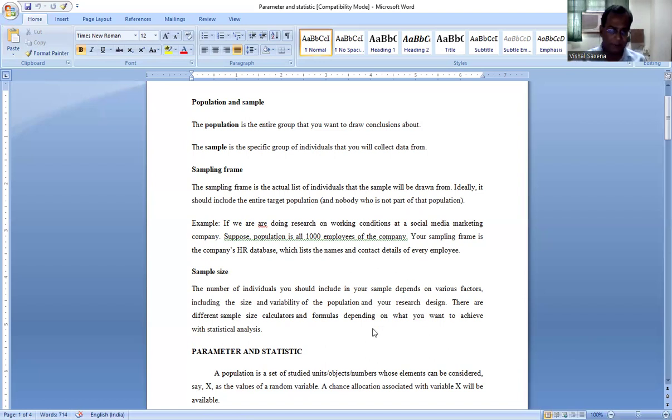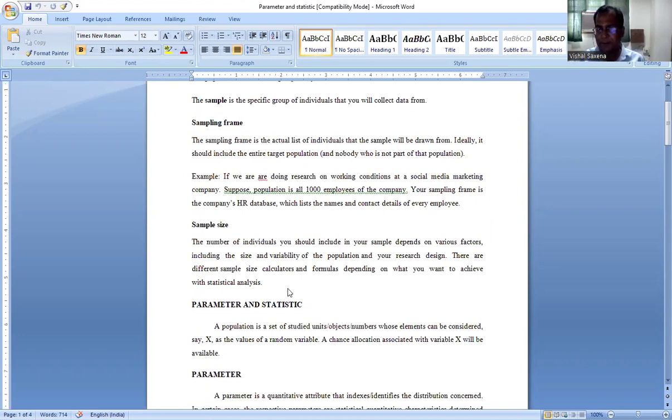So the sampling frame is the list of those employees whose complete details are available in the HR database.